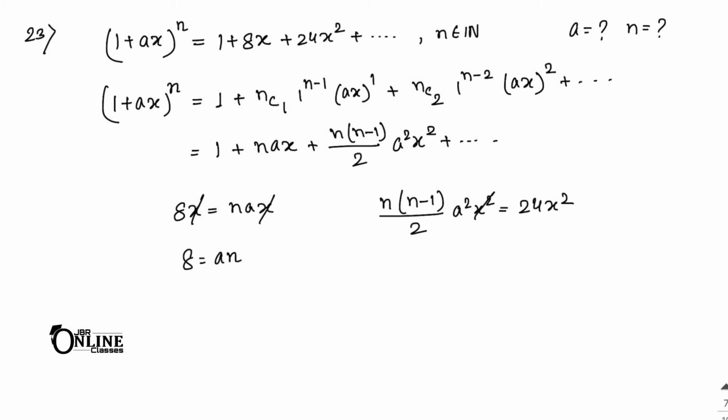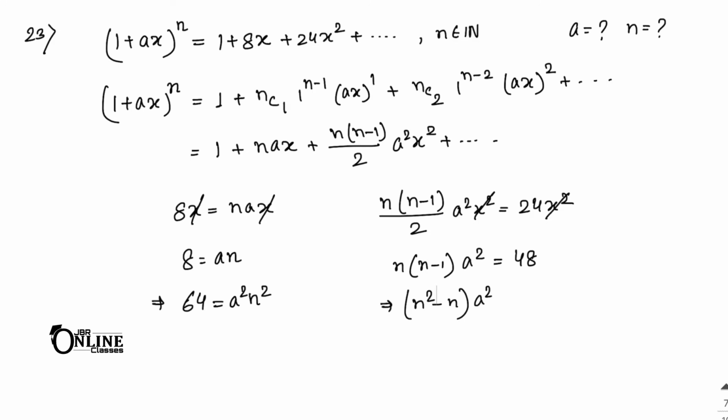And from the other one, x square cancels out, so you can write n into (n minus 1) a square equals 48. From the first one, if you square both sides, you get 64 equals a square n square. Now multiply out: (n square minus n) into a square equals 48. Again, a square n square minus a square n equals 48.